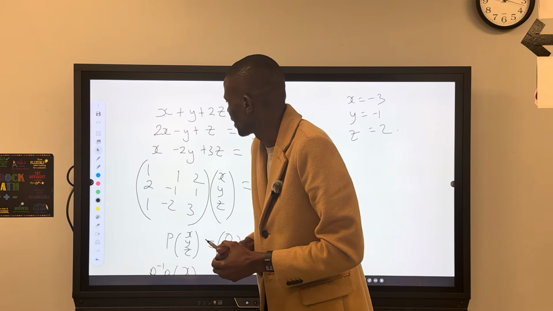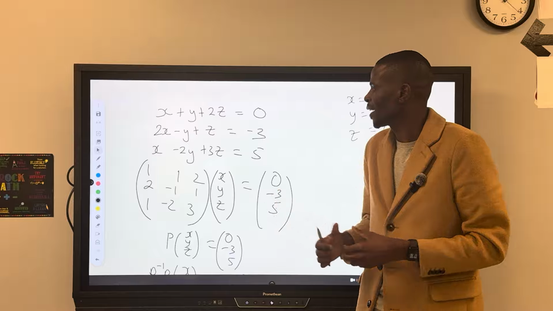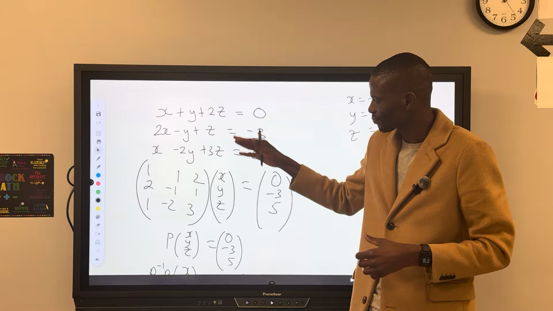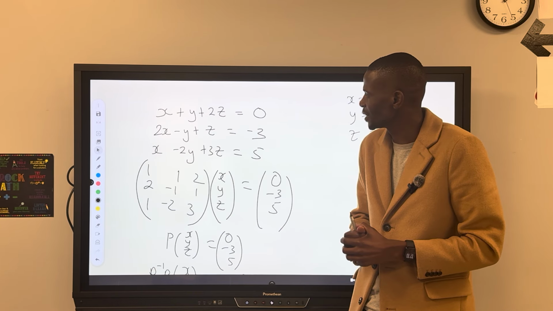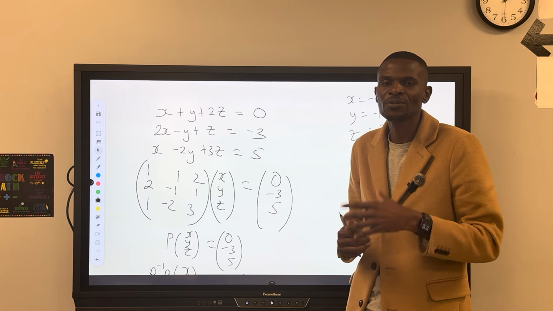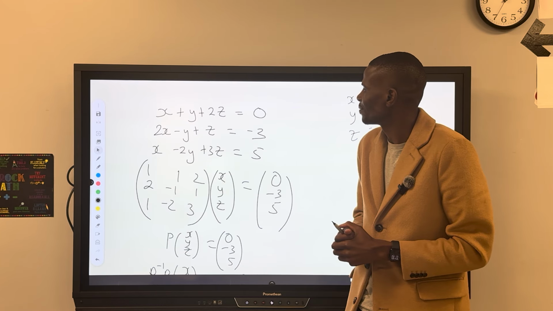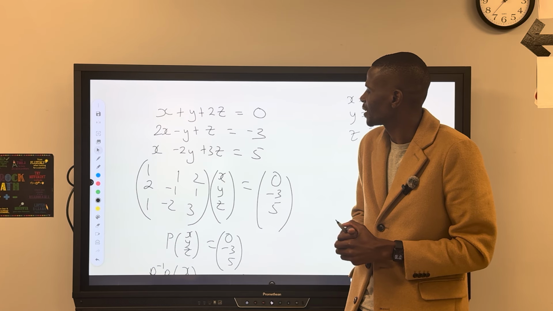Then on part B, when solving systems of equations, you just use the matrix method. You pre-multiply both sides by the inverse. Then from there, I think you should be good to go.